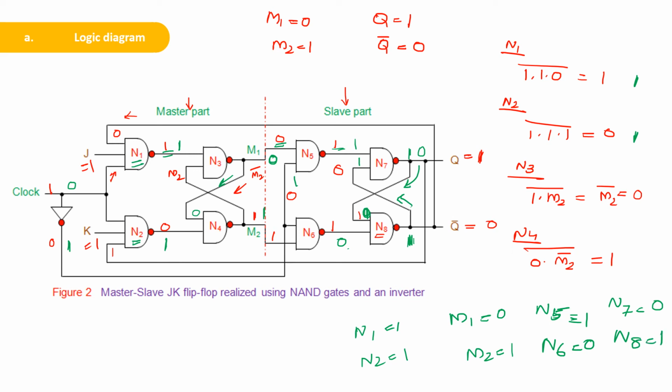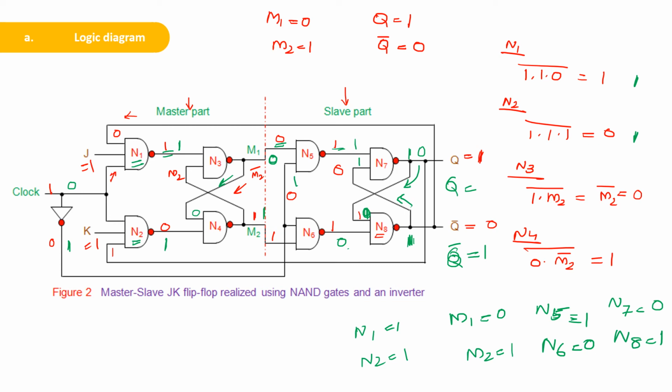So finally Q will become equal to 0 and Q bar will become equal to 1. That means you will get the complement of the previous output.